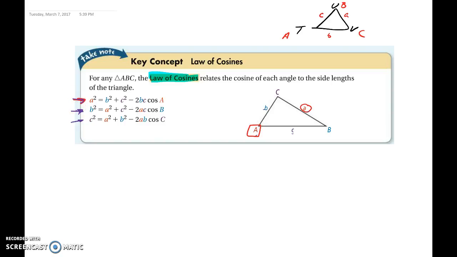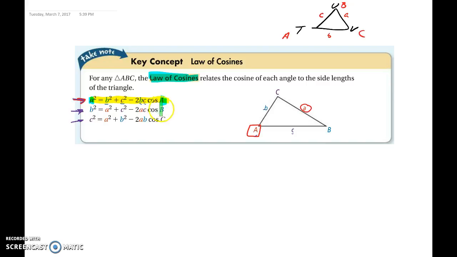The formula is side A squared is equal to B squared plus C squared minus 2 times B times C times the cosine of angle A. The reason we can solve for side A or angle A with this is that we only have one side A and only one angle A. We have multiple B's and multiple C's in here, so we're not going to be able to use this formula to solve for B or C. We wouldn't use it to solve for angle B or angle C because they're not even in this formula.